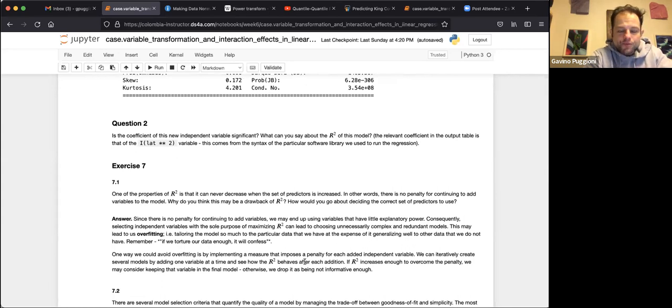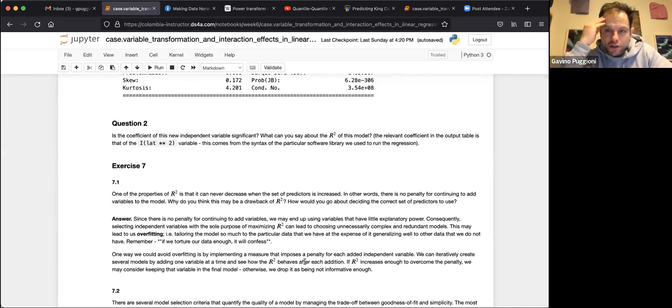So we cannot just look at R-square as a criterion to maximize. And also, we have to be mindful about what we want to include. We want a set of predictors that can generalize well to other data sets, right?